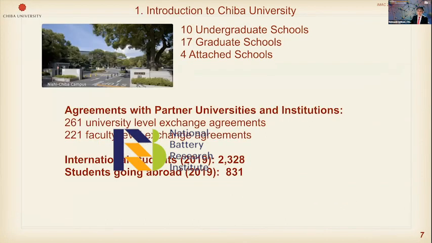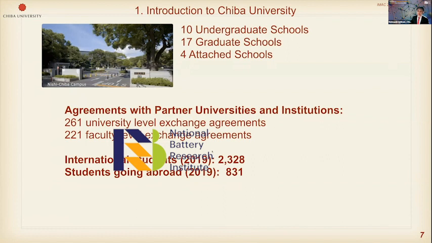As I introduced, my university is near the largest airport in Japan. In that meaning, our university wanted to become an international university. So we tried to open many universities and institutions in foreign countries.